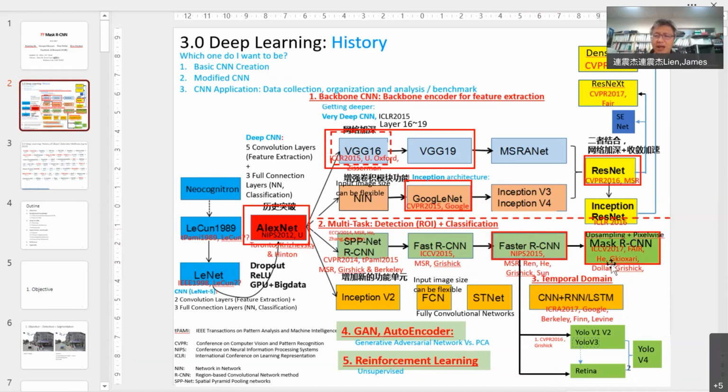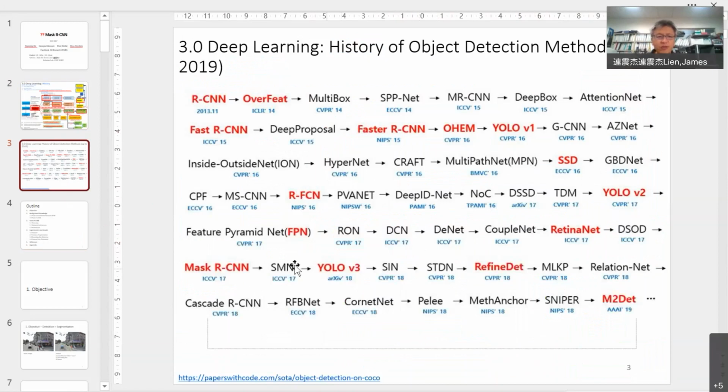So we'll talk about Mask RCNN. Both Faster and Mask are fundamental methods for bounding box detection or object segmentation. I will talk about the other one in YOLO V4. So in today's lecture, first we'll finish Mask RCNN, and then we'll focus on YOLO V4.